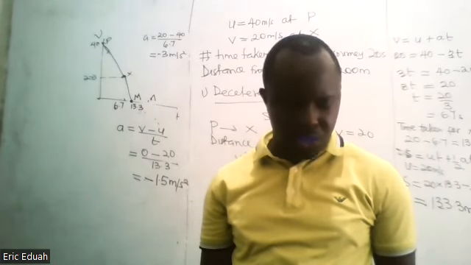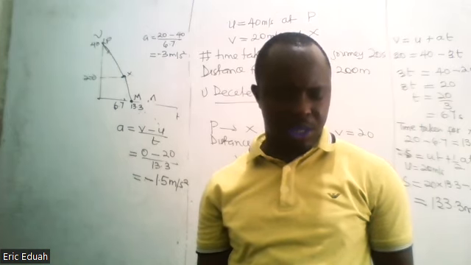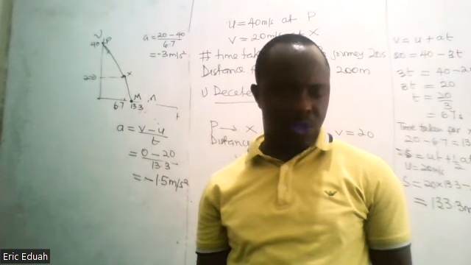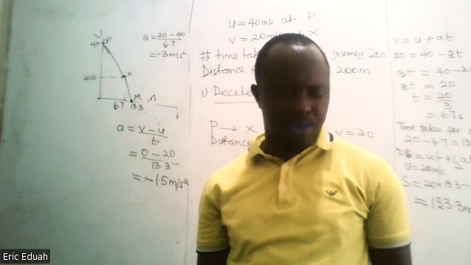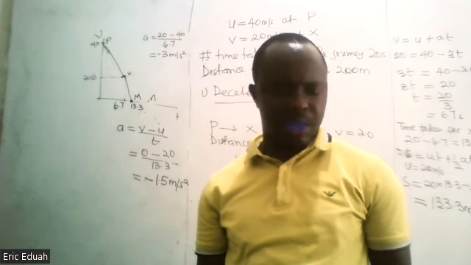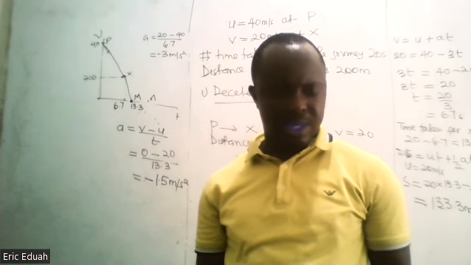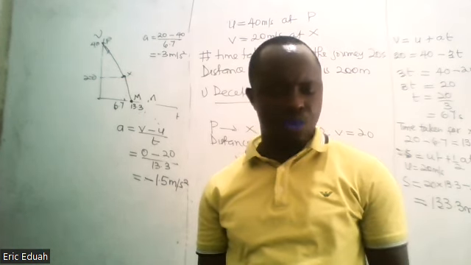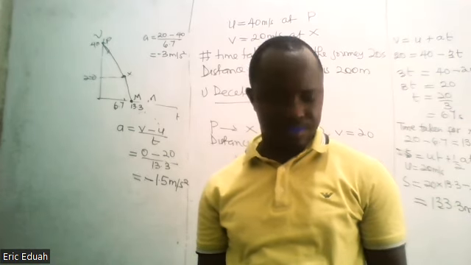Okay, so a ball is thrown upward from the top of a building with an initial velocity V0 equal to 20 meters per second. The building is 40 meters high. Taking g to be 10 meters per second squared and neglecting air resistance, find A, the time T1 for the ball to reach its highest point.